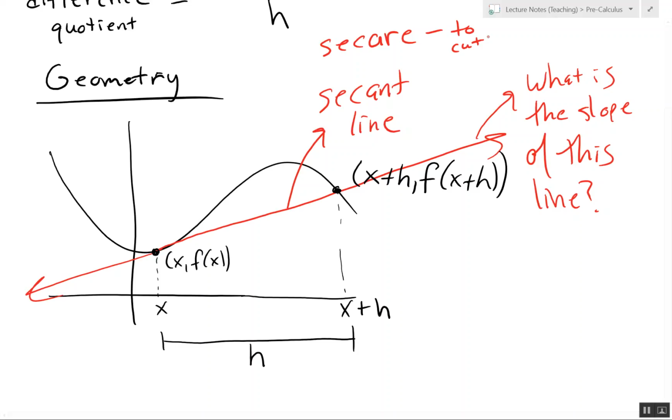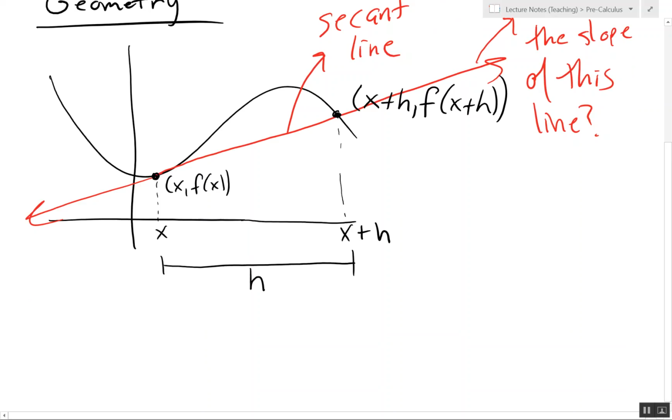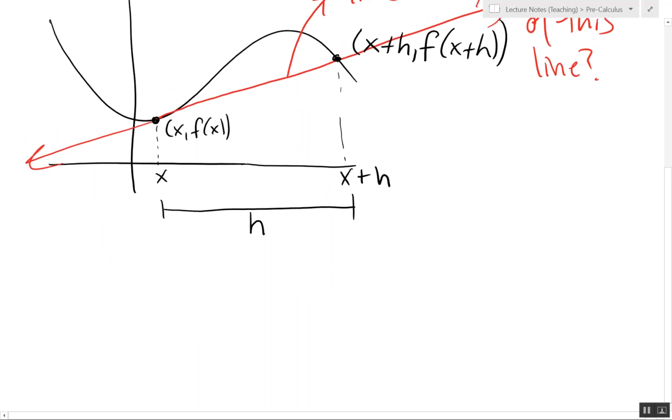And so the idea is, what is the slope of this line? So let's figure it out. So here are my 2 points, and the slope is going to be the change of y over the change of x. Well, what's the change in the y coordinate?